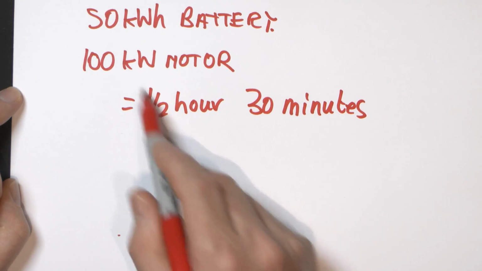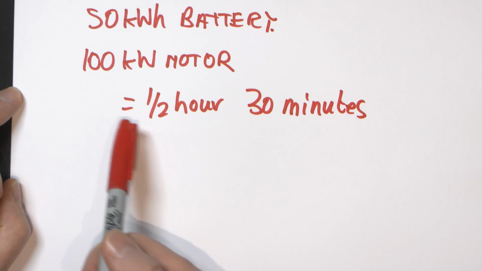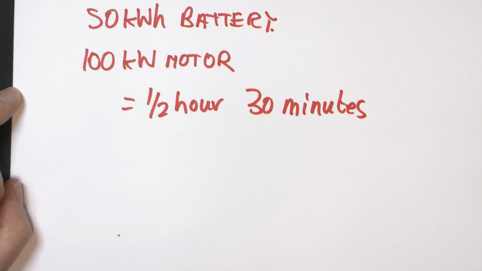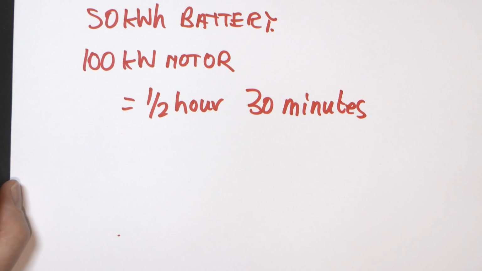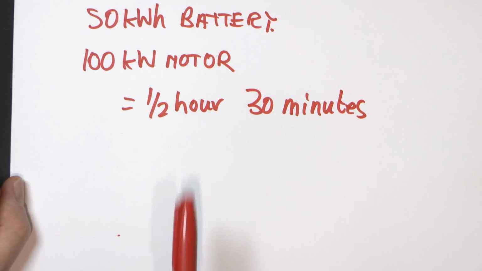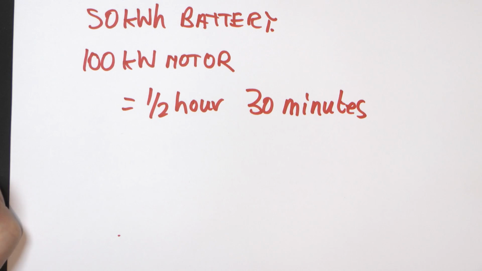So it's the same as before, it's just multiply the two together. Kilowatts multiplied by hours is kilowatt hours. However, say in reality you're not going to be using the 100 kilowatts very often or even at all. So in practice, of course, you can obviously drive for a lot longer than 30 minutes before the battery needs to be recharged.